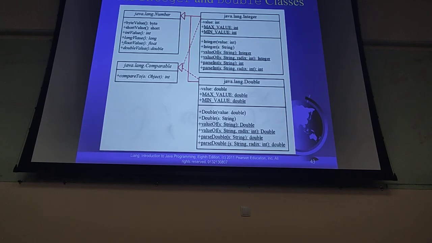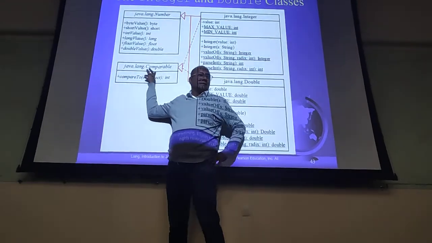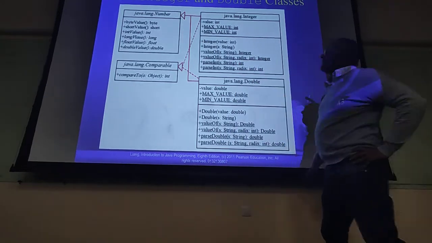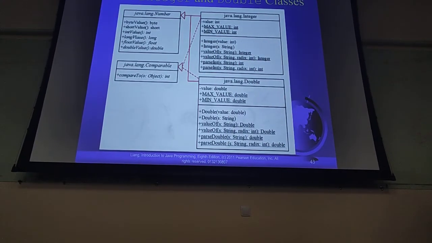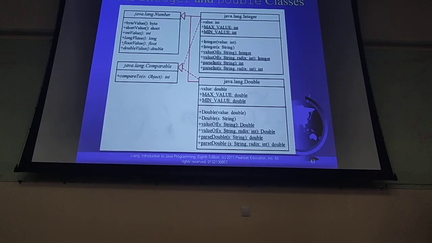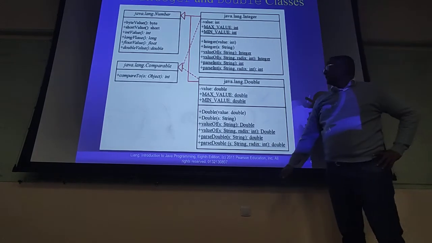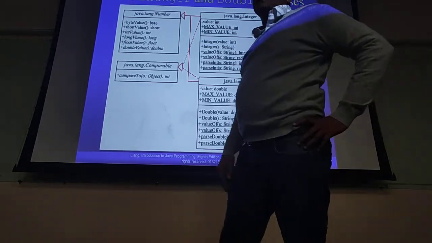Have you clear? So you asked me, right? This is actually an interface. It has abstract methods, so that's why it's italic. Have you clear? What is the name of the class? Number, which is a parent of integer, double, byte, all. Is it correct? And these are the different methods. Sir, this number is a class?